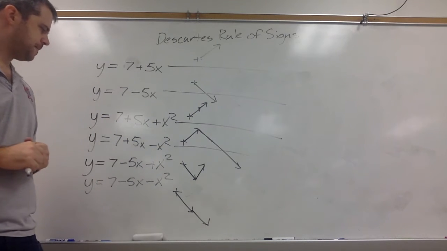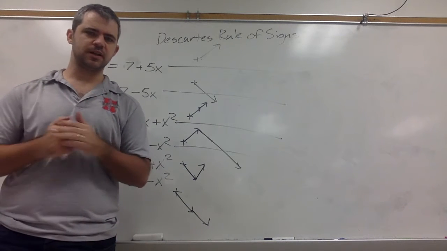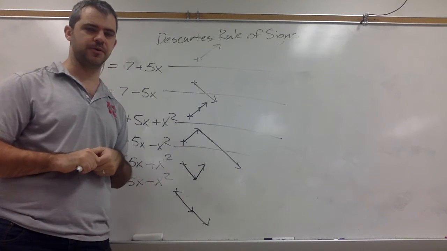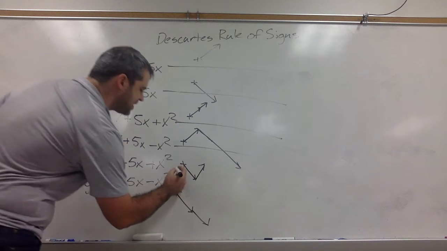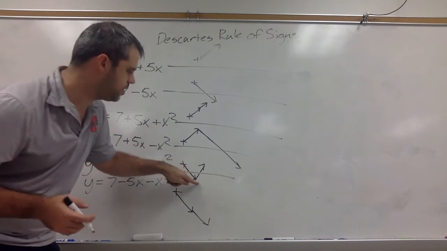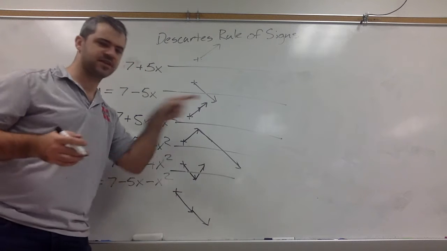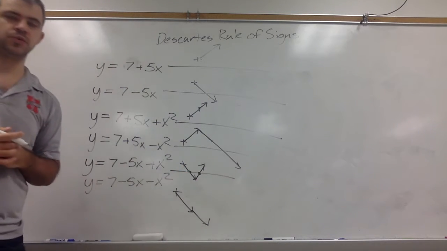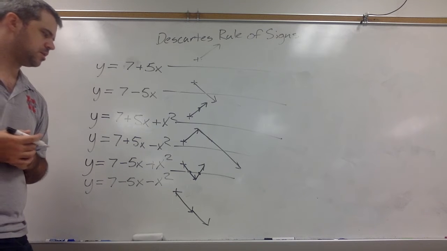What about this guy? This one's a little more interesting because it depends on when this guy turns around. So if my x-axis is here, it went down under the x-axis and went back up. So that would be 1, 2 solutions there.